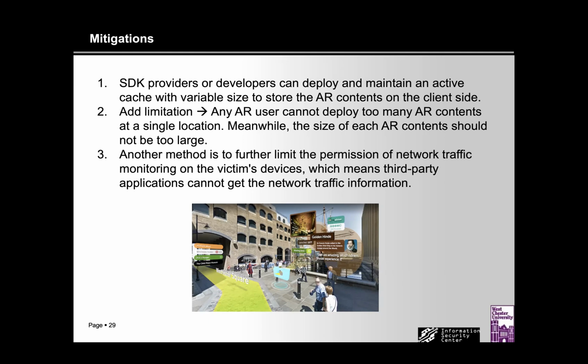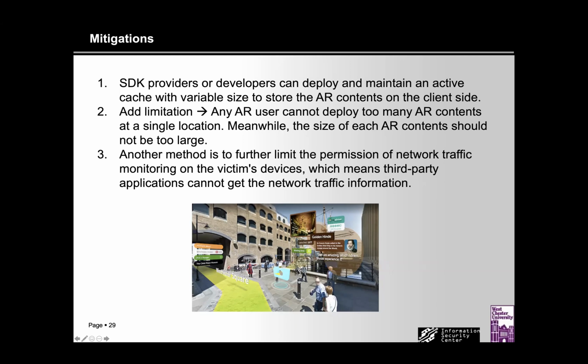The second mitigation method that we think is probably going to work is to add some limitations. Like, AR users cannot deploy too many AR contents at a single location. Meanwhile, the size of each AR content should not be too large.